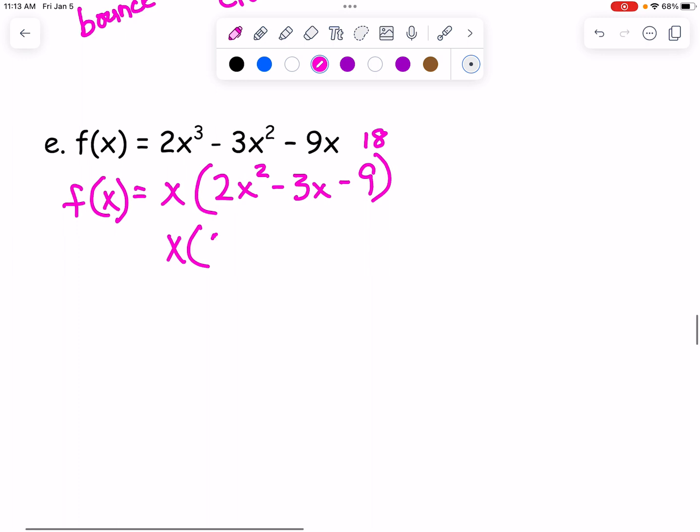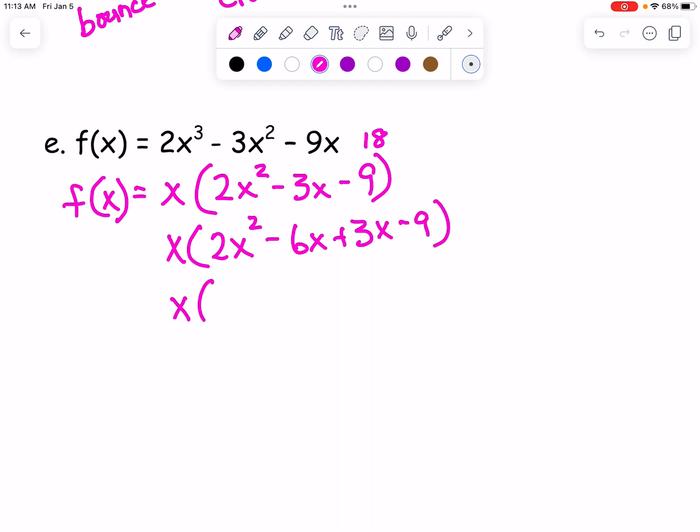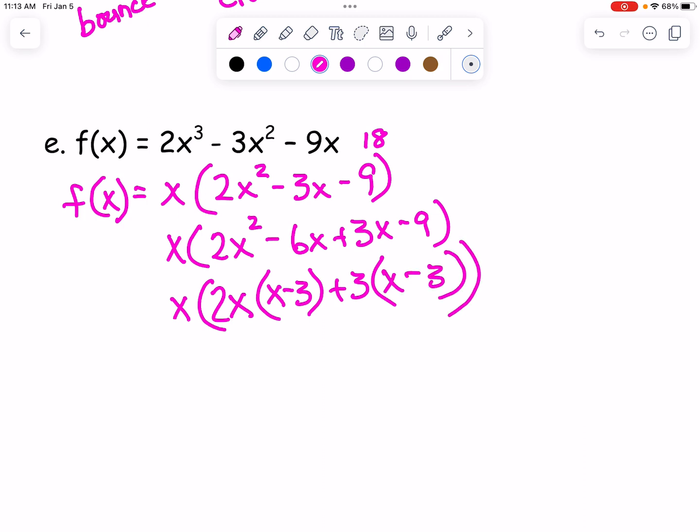I need to split the middle. Okay, so all I did was factored. Hopefully by now you can do that.